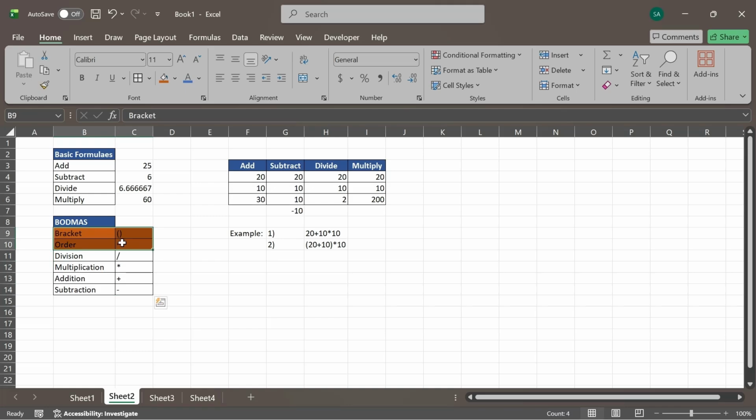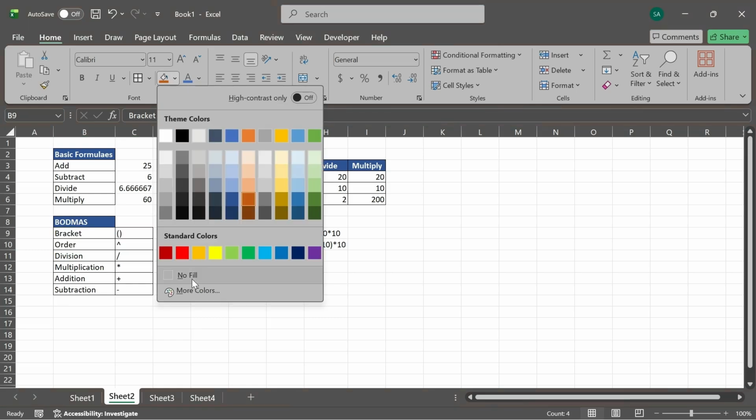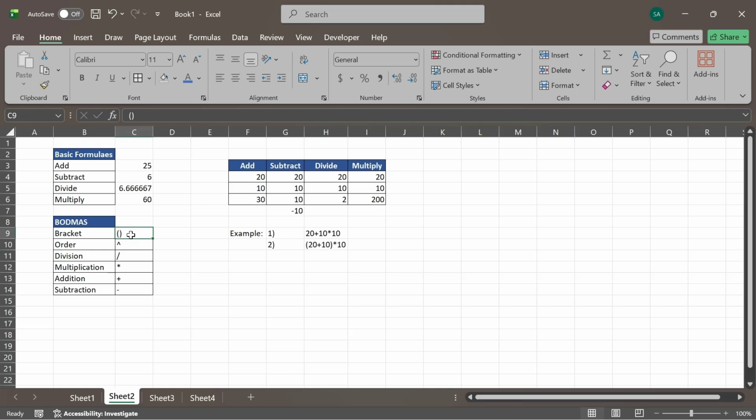Now in case we include these brackets, then BODMAS comes into picture. The bracket will be coming first, then other operations will be carried out. So firstly, the equation inside the bracket will be coming first.